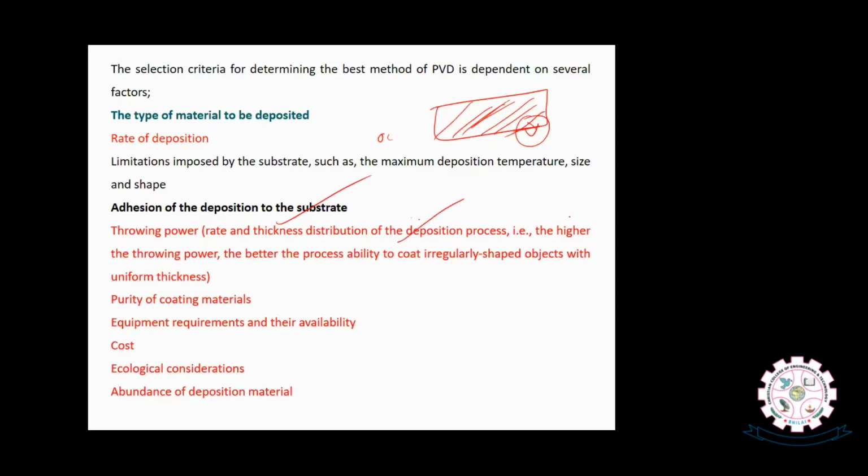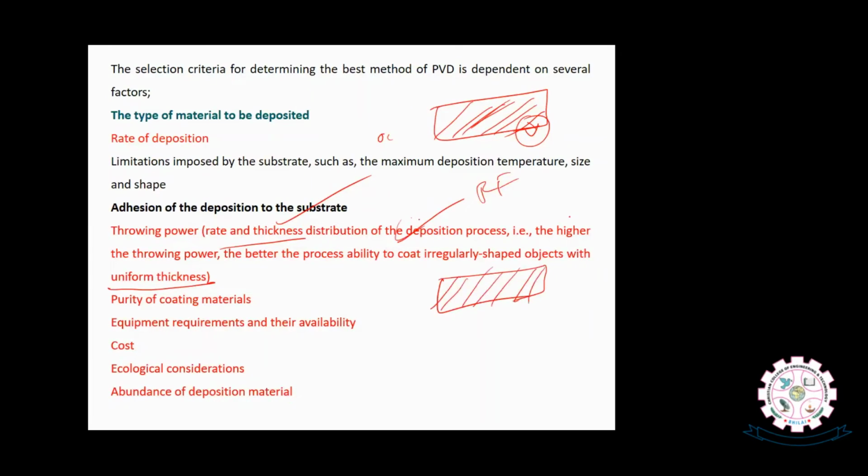And also throwing power. That means if I am using RF power sputtering, then how much power I can use, because that decides the thickness of the film, how fast I can deposit a film. Sometimes the uniformity of the thickness is very much important. When I deposit a film, it has to be uniformly distributed.